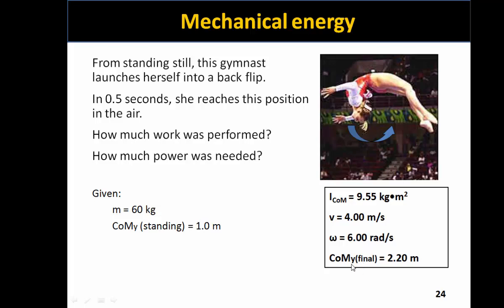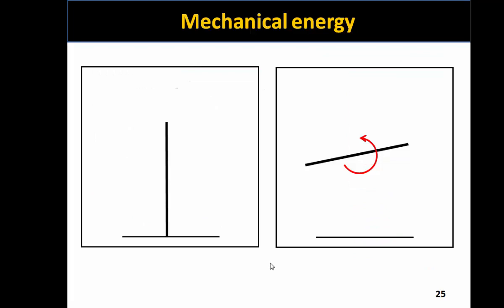And the final position for the center of mass is 2.2 meters. This is a little bit high here, but let's just assume our gymnast launched herself off some elastic surface. In the standing position, we estimate the center of mass based upon the data that were provided, and that was taken to be 1 meter.